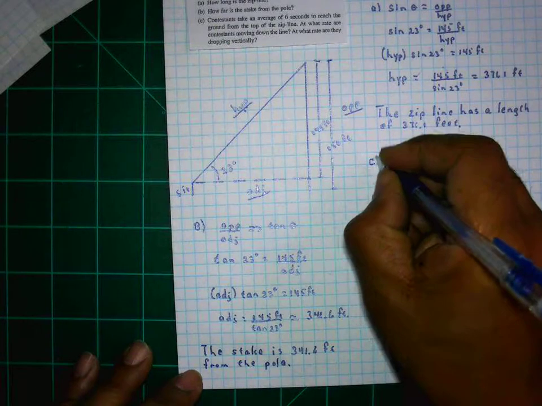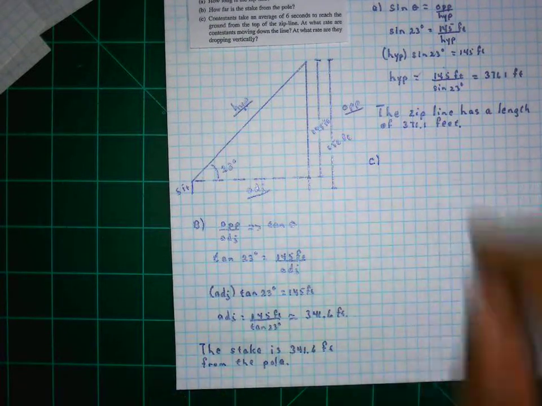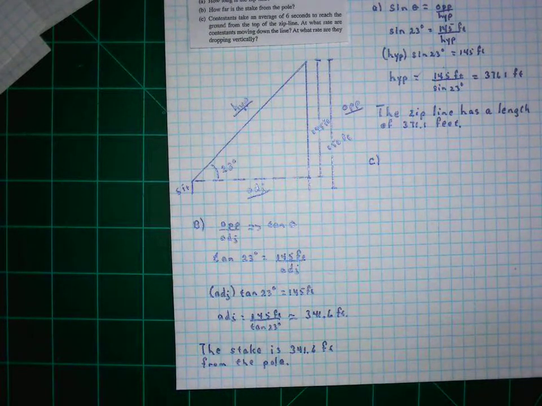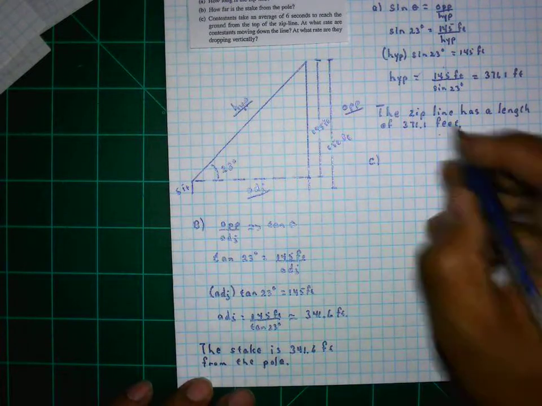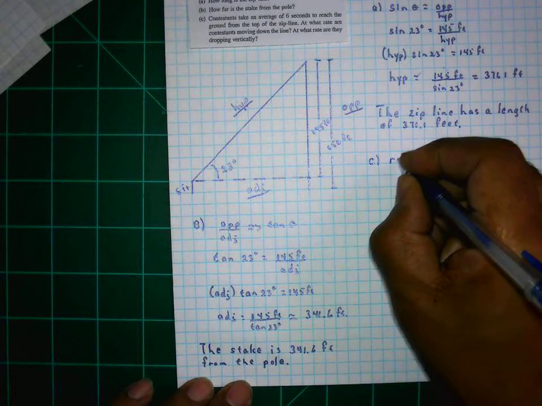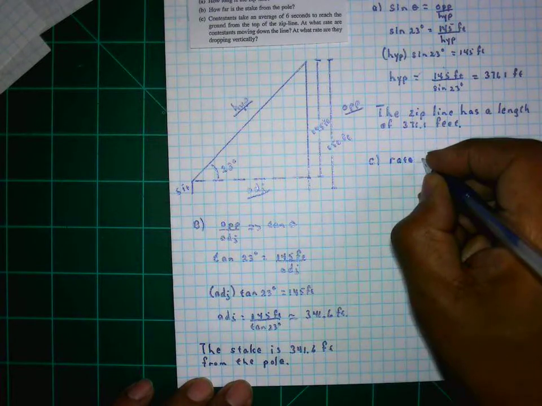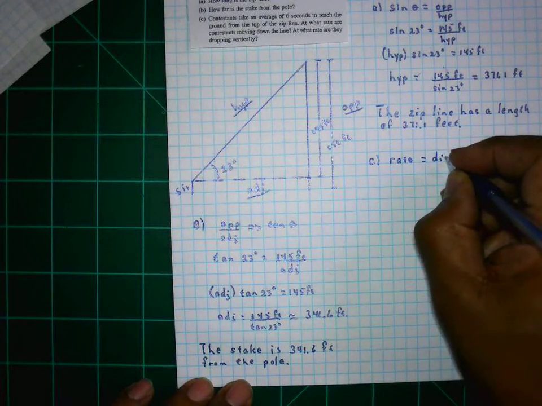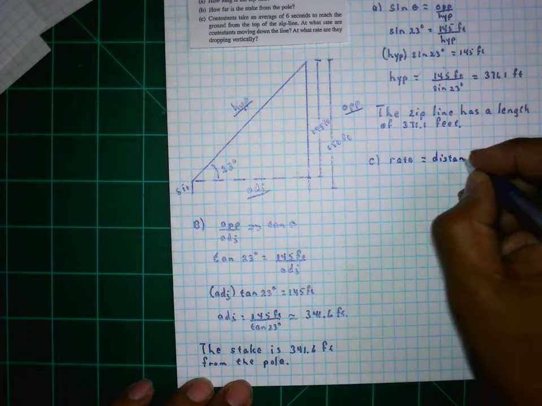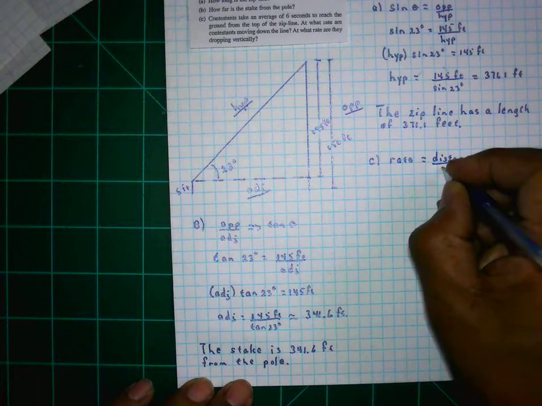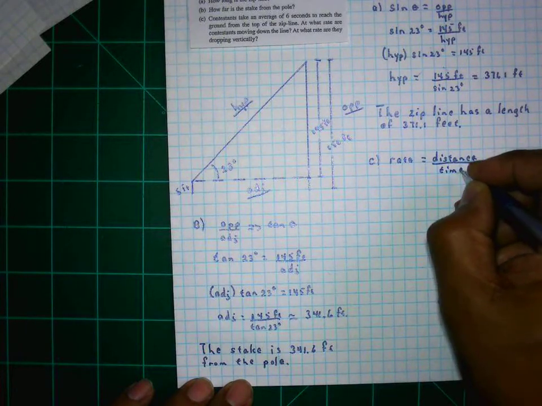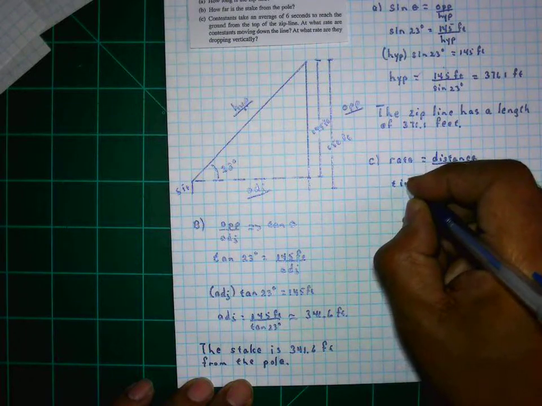Let's go to part C. Part C says contestants take an average of 6 seconds to reach the ground from the top of the zip line. At what rate are contestants moving down the line, and at what rate are they dropping vertically? Well, the rate is just the distance divided by time. And we're given time in this case to be 6 seconds.